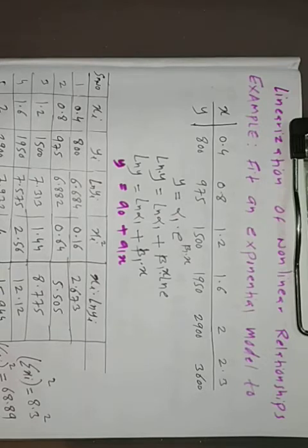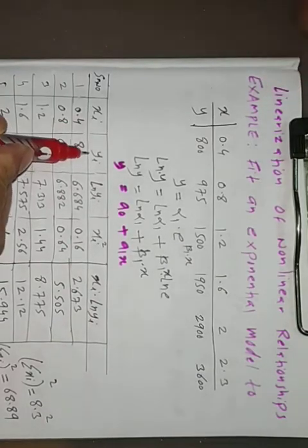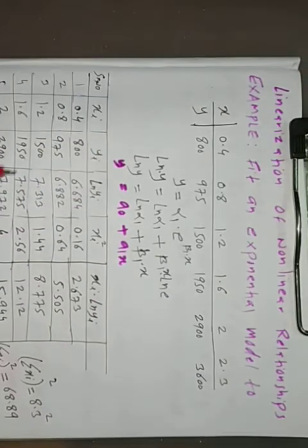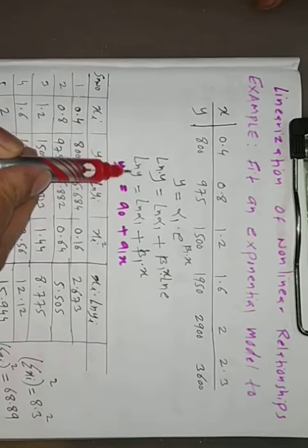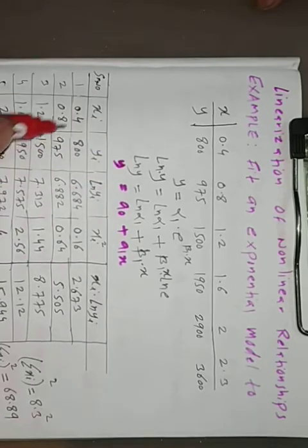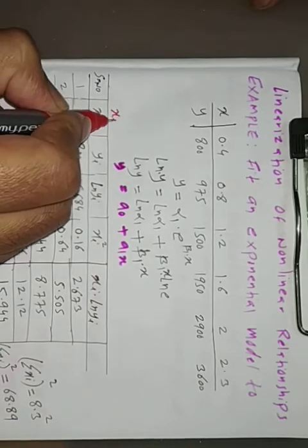So now again we need to make one table. Now you see carefully: serial number, then xi and yi, these are the values which are given, and the next column is ln of yi, because here we have ln of yi. Now xi will be xi.